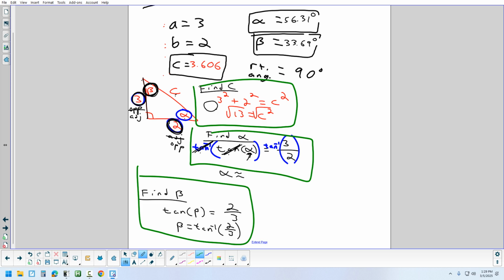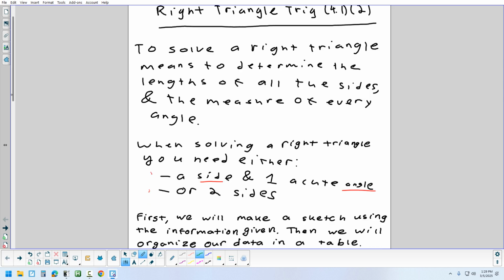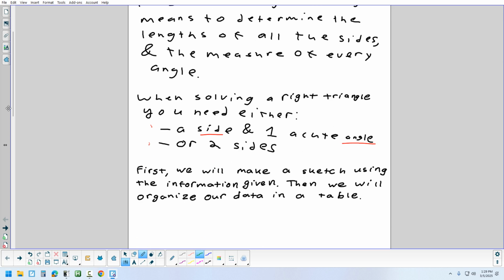Okay, so that's 2 sides. Anytime that you have this type, you always need inverse trig. 2-side problems are the only ones you use inverse trig.